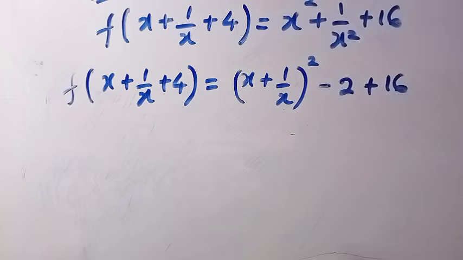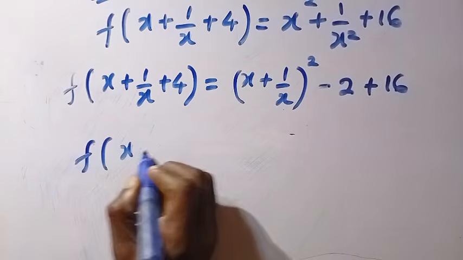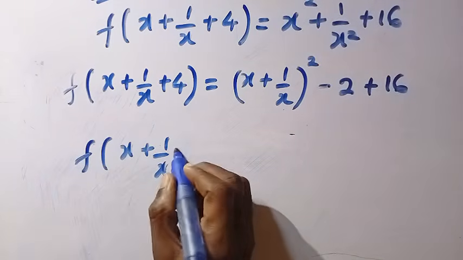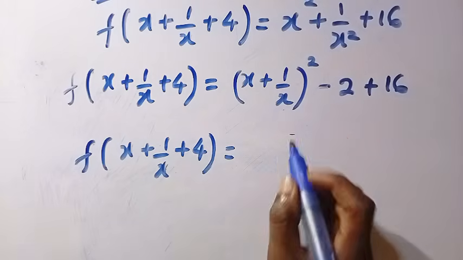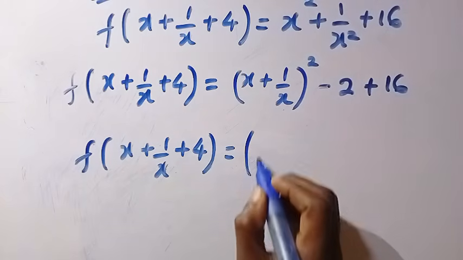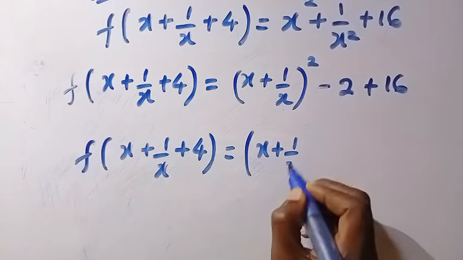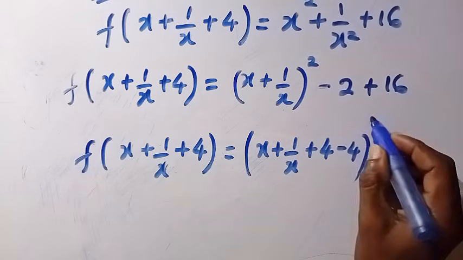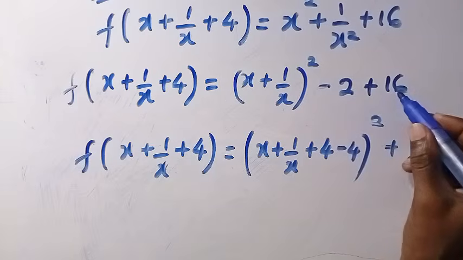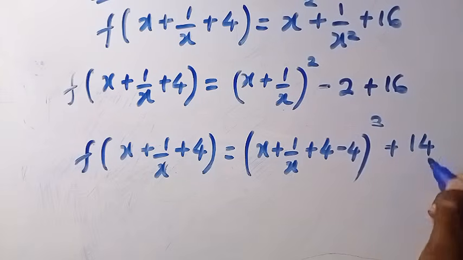Again, we have f of (x plus 1 over x plus 4) equals, since I want to manipulate this, I can just assume (x plus 1 over x plus 4 minus 4) all raised to power 2, minus 2 plus 16, that gives us 14.